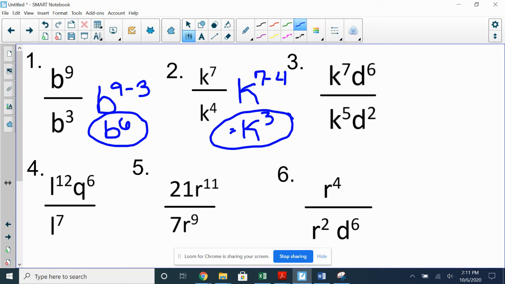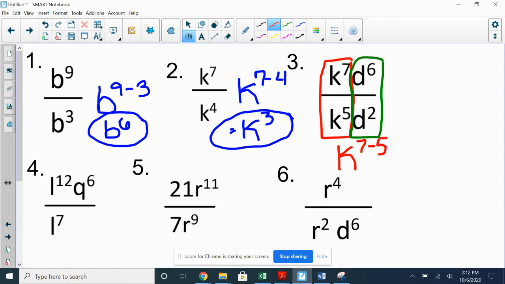All right, and looking at this next example, I'm going to say the same thing I said with our product rule. This works for matching bases. So I can keep the common base and subtract only for the bases that are the same. So I have a base of k and I have a base of d. I know my matching base k, we're going to keep that k and say top minus bottom, so 7 minus 5.